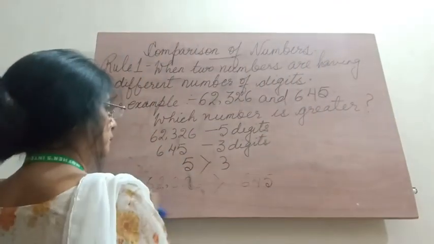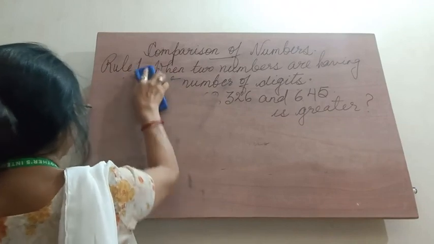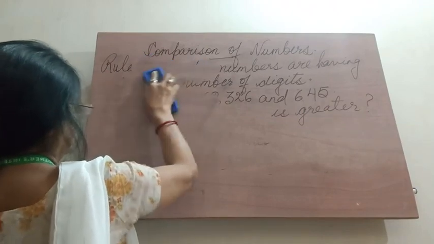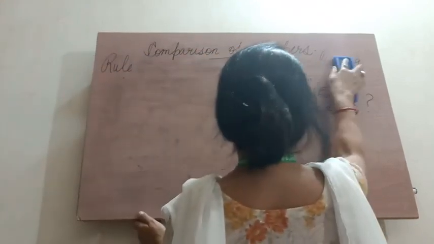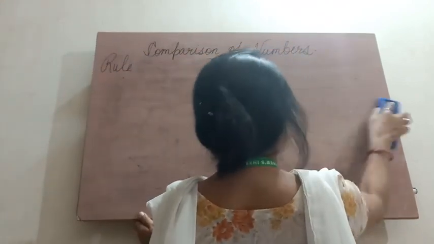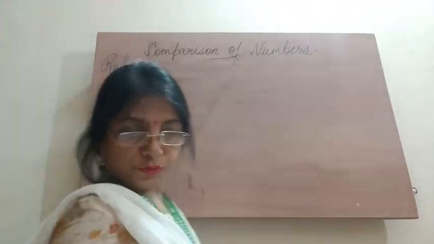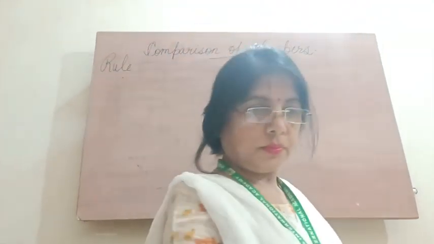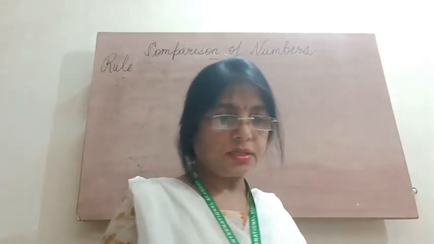Now we are going to discuss the second rule of comparing numbers. Now, students, please move to the next page, that is page number 17. You will get the second rule.